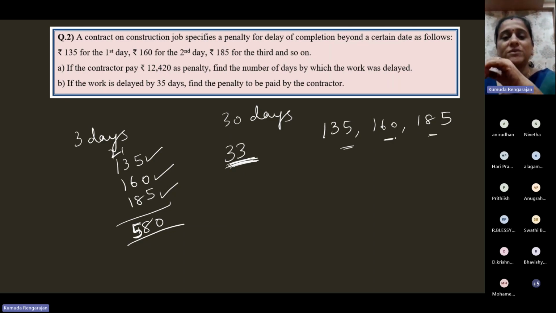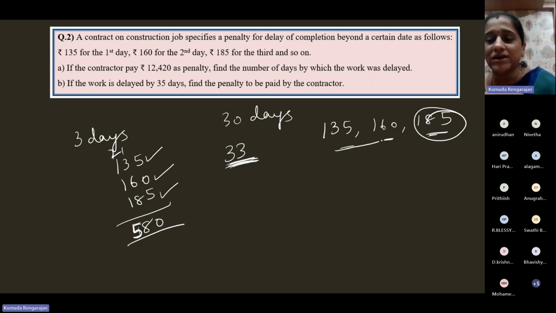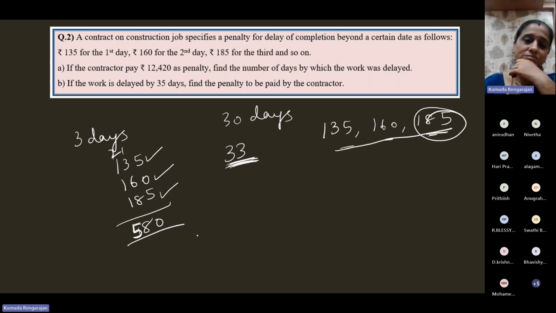So if the work is delayed by 3 days and you have to find the penalty for 3 days, you'll have to find the sum of these three numbers. 185 alone is not the penalty for 3 days. 185 is the penalty for the third day alone. So the penalty for 3 days will be 135 plus 160 plus 185.